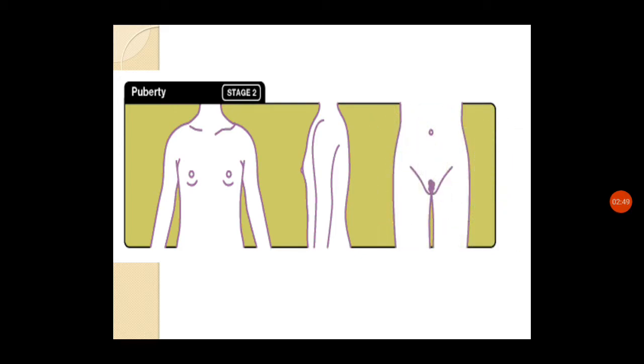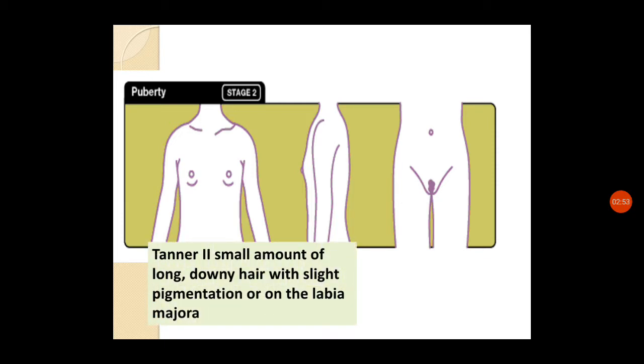Regarding the pubic hair growth, you can see a small amount of long, downy hair with slight pigmentation on the labia majora, in the central, middle area.